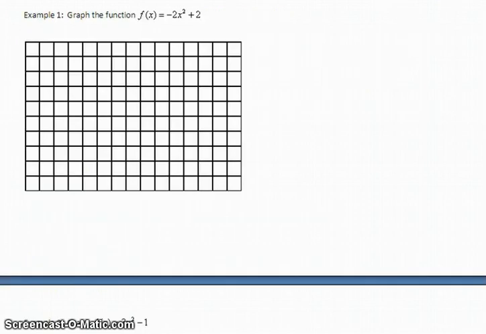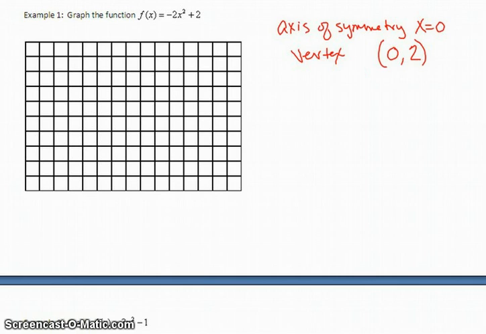In example 1, graph the function f of x equals negative 2x squared plus 2. I don't have that linear term. There is not a bx term here. So my axis of symmetry is going to be at x equals 0, and the vertex is going to be at 0 and the value of that constant, (0, 2).